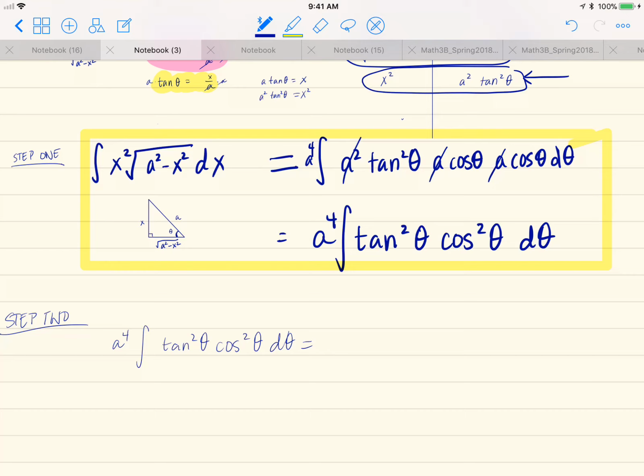So what can we do? Well, we can rewrite tan squared as sine squared theta over cosine squared theta, and then times our cosine squared theta d theta. Now, the cosine squared thetas cancel out, and we've got a to the 4th power times the integral of sine squared theta d theta. What is the integral of sine squared theta d theta?